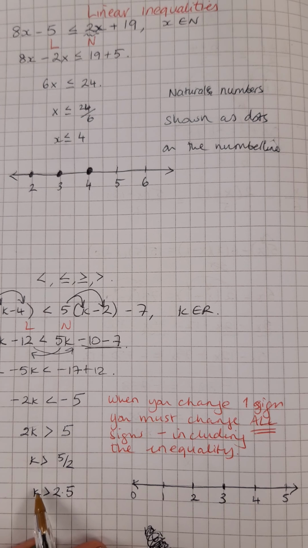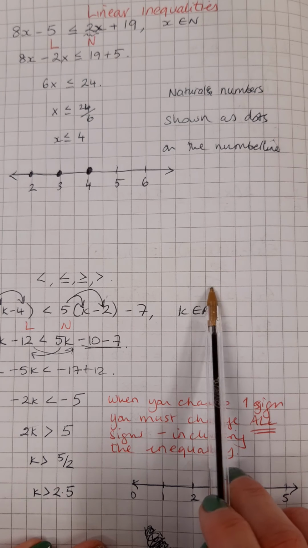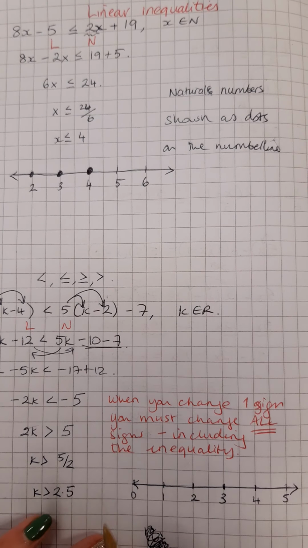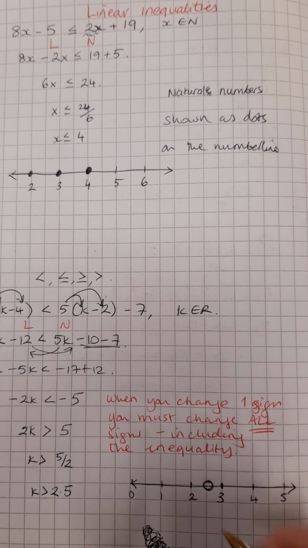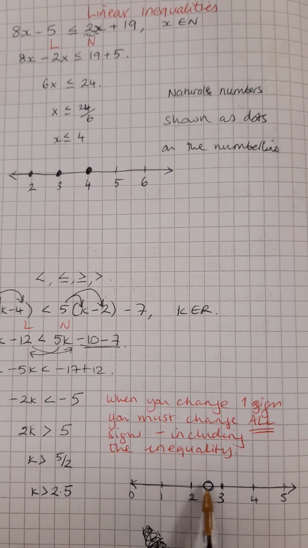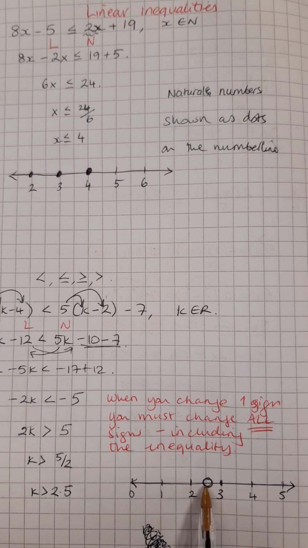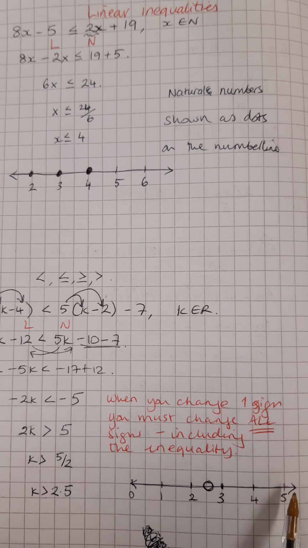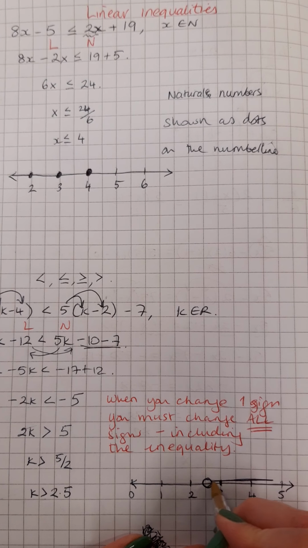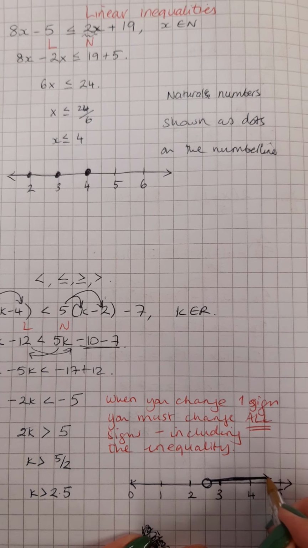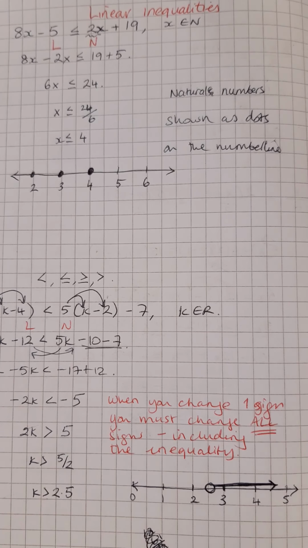It's not including 2.5 because I don't have the line directly underneath it. But I need to show 2.5 on the number line because it is a real number. Because there is no line, it is an open dot. And you can see I've put it directly between 2 and 3, that is 2.5. I've shown all the numbers that are bigger than 2.5, like 2.6, 2.7, 2.8. It is shown as a thick line on the number line because real numbers include decimal places, fractions, everything.